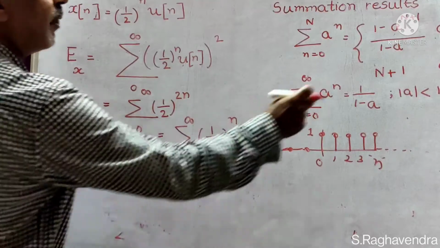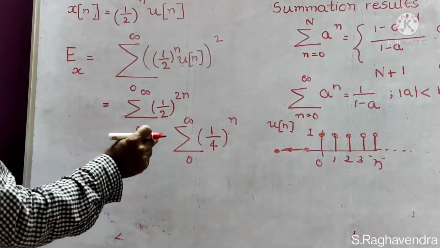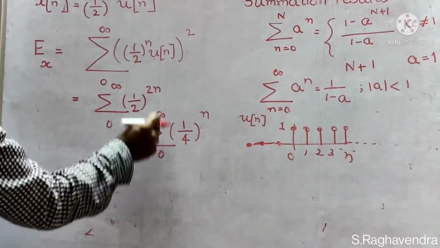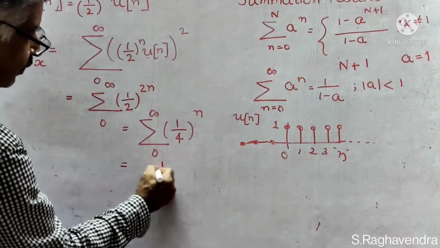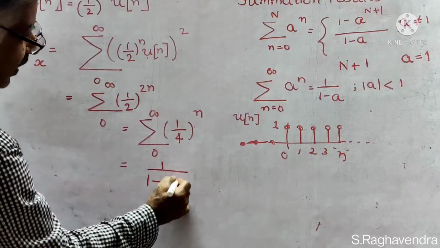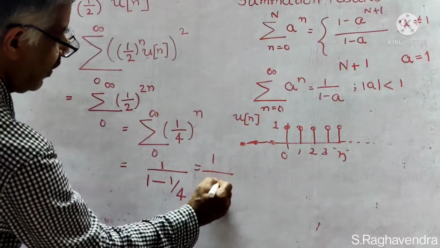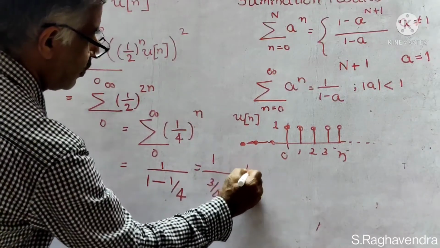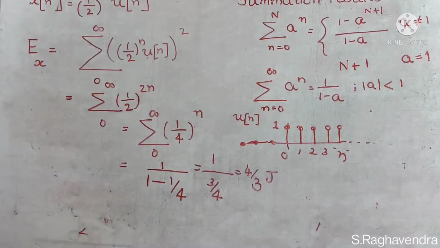Now apply the summation formula. From 0 to infinity of a to the power n is 1 over 1 minus a, where a is 1 by 4. That gives 1 over 3 by 4, which equals 4 by 3 joules.